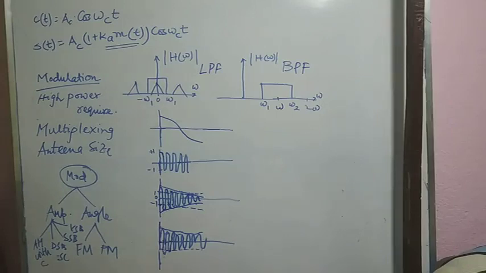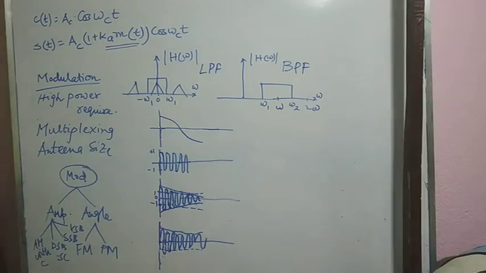That is the main scheme of modulation. At the receiving end, we will cut down the carrier and retrieve back the message signal. This is the main physics. So one requirement is high power to transmit a signal, therefore we need a high power carrier signal.